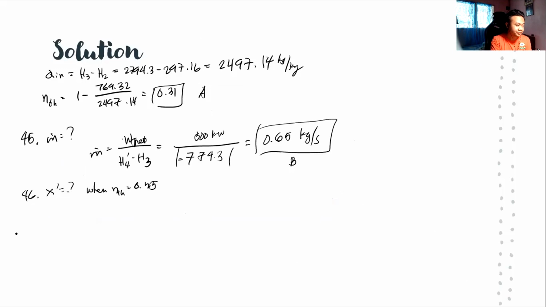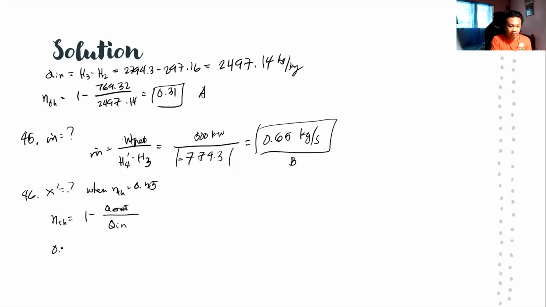Let's substitute that here. So Q out and Q in. This is actually another form of our efficiency, the Q out divided by the Q in. So that's another way of getting the efficiency.